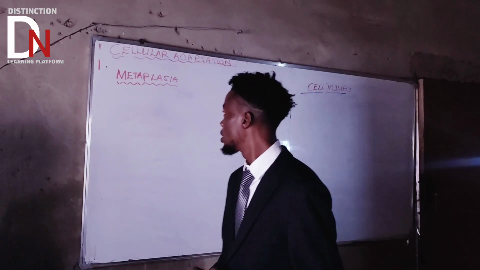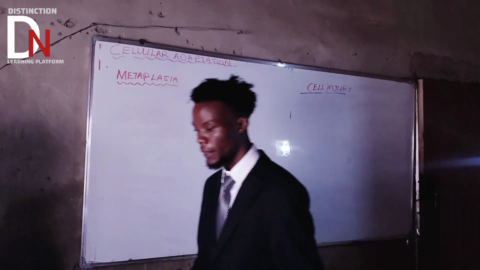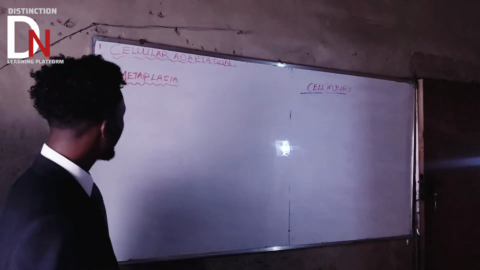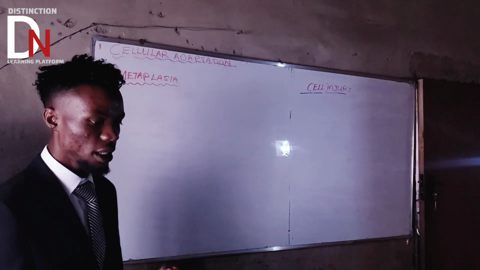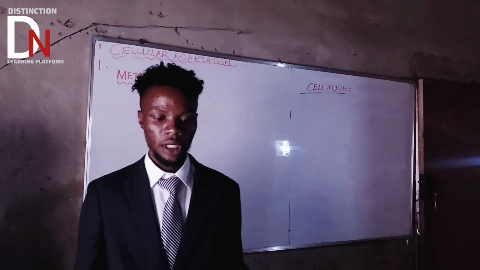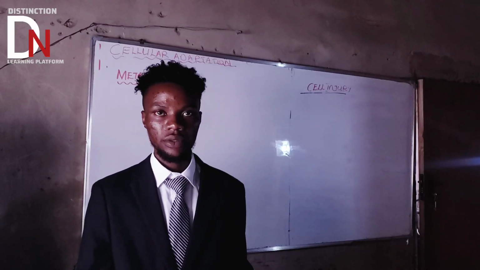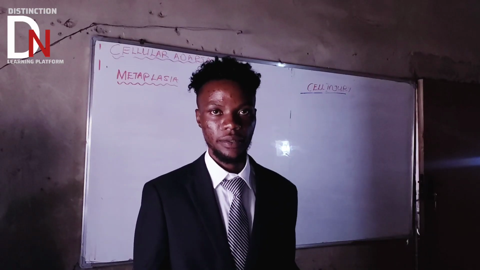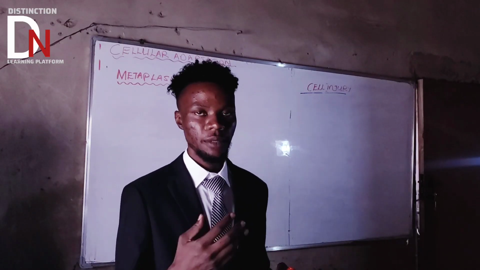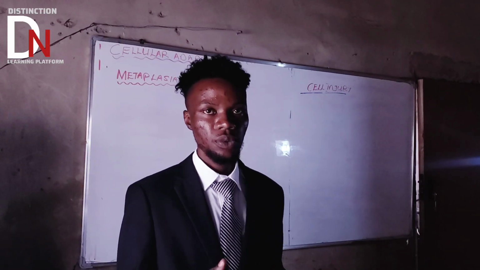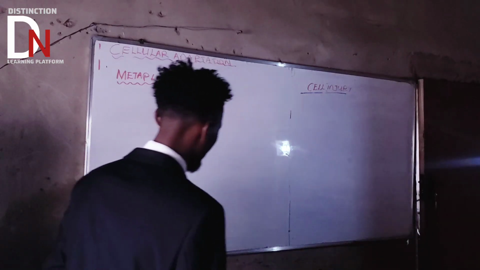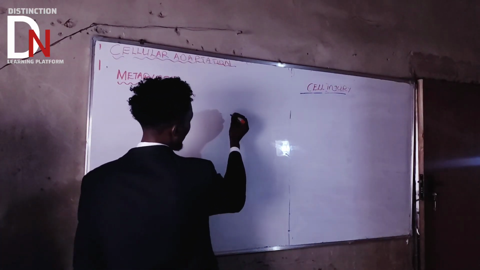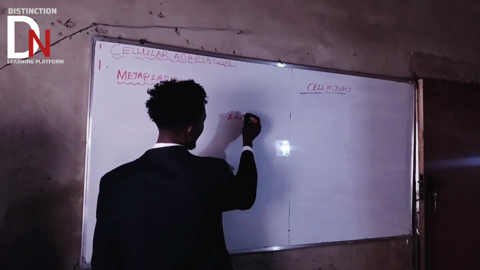Okay, so now what is metaplasia? Metaplasia basically is a process in which an already existing adult cell is replaced by another adult cell. Okay, not the same adult cell changing into another cell. No. So basically, we need to understand that already in our body we've got what we call adult cells.